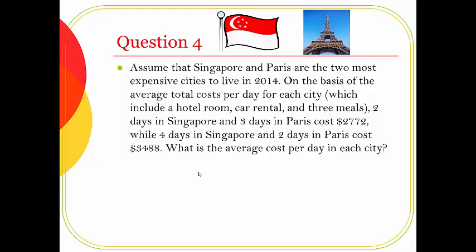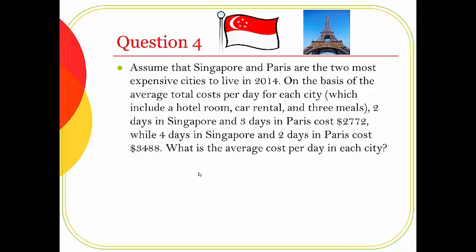On the basis of the average total cost per day for each city, which includes a hotel room, car rental, and 3 meals, 2 days in Singapore and 3 days in Paris costs $2,772, while 4 days in Singapore and 2 days in Paris cost $3,488. What is the average cost per day in each city?